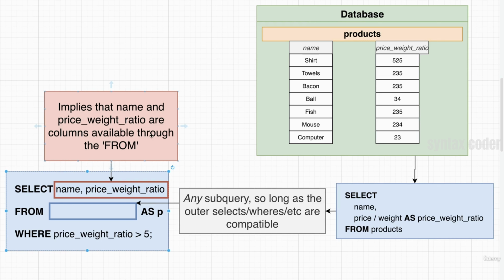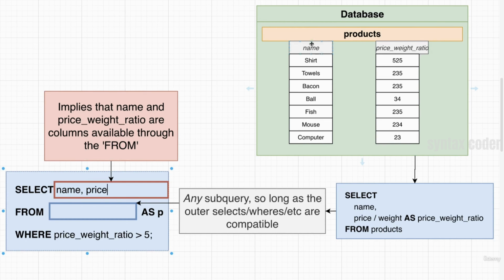Now you'll notice that on this diagram right here, I've got these two boxes and I'm saying that, well, we need to make sure that the outer select is compatible. What does that really mean? The result of the subquery has only columns name and price to weight ratio. So inside of our select statement, if we asked for just price by itself, we would get an error. And that's because there is no price column inside of our subquery.